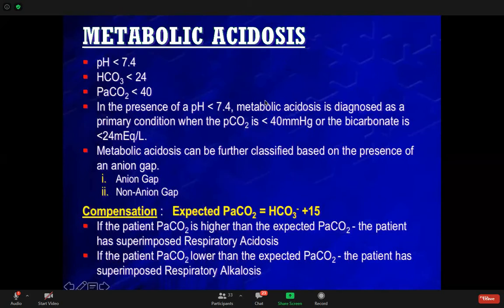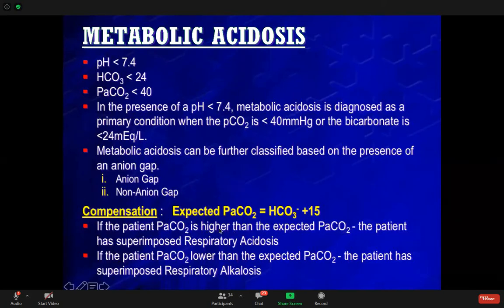Okay, so it's usually when your pH goes less than 7.4, your bicarb level goes less than 24, and your PCO2 goes less than 40. Metabolic acidosis can be further classified based on the presence of anion gap into anion gap metabolic acidosis and non-anion gap metabolic acidosis. So don't forget the compensation.